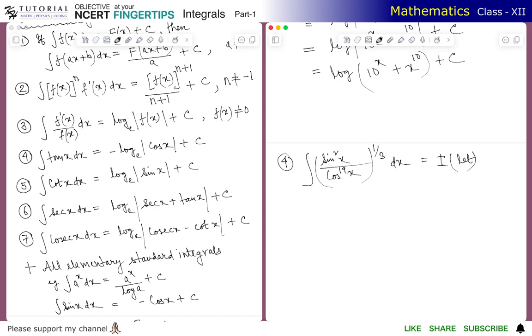So over here we have sin square x by (cos x to the power 14) whole power 1 by 3.